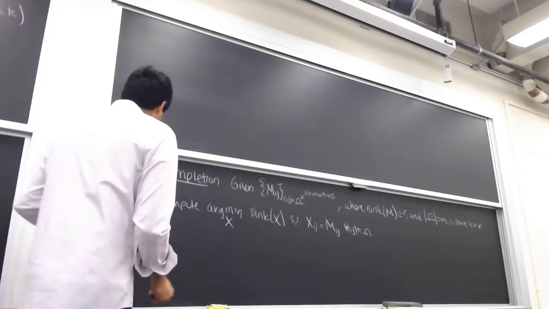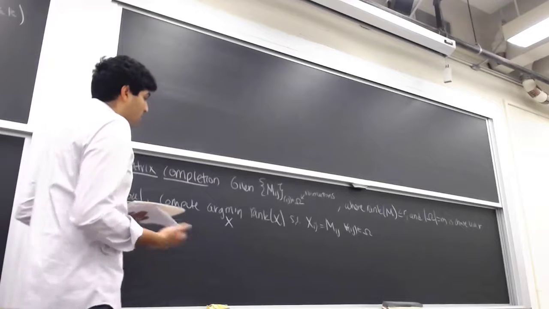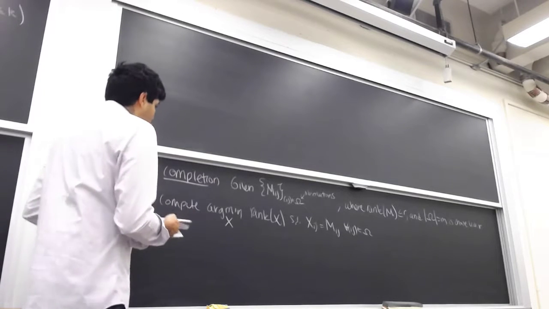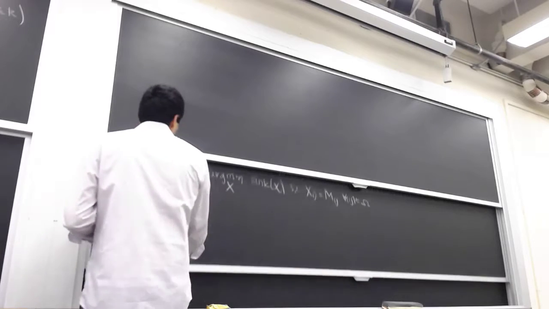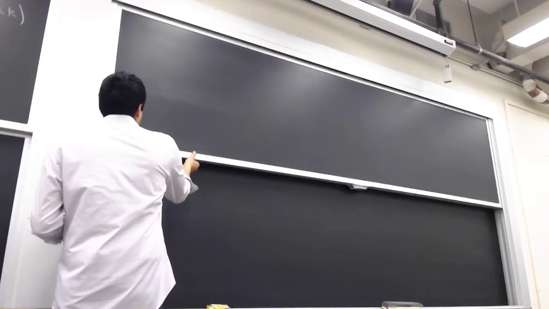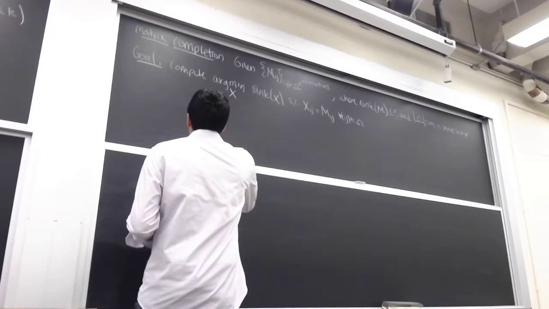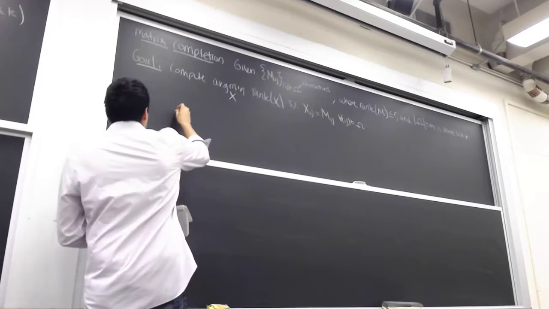All right, so our goal roughly is to try and complete M using as few observations as possible. And we're going to need some assumptions to do this. So let me write this up here.